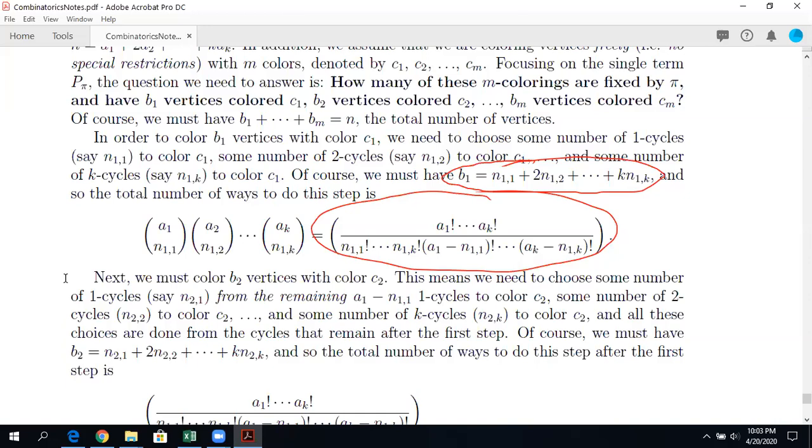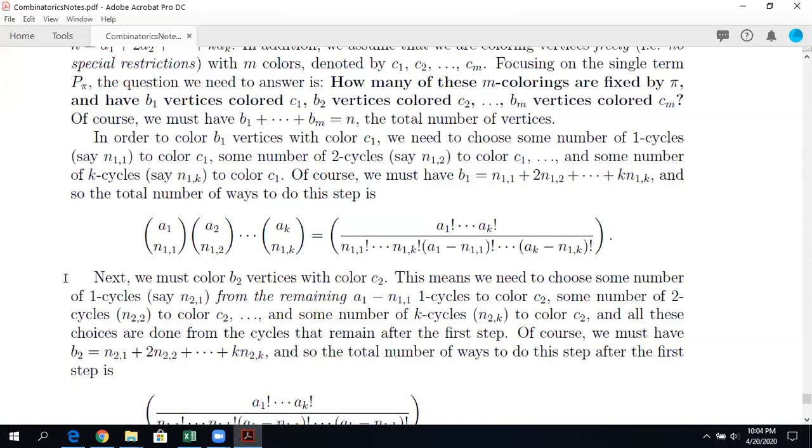Okay. So what next? Well, now we're going to move on to color 2. We have our B1 vertices of color 1, but look, one thing I will point out at this point, I chose N11 1 cycles, N12 2 cycles, etc. I could have done different N values, but that's going to be involved in a sum that we do later on, and then that's going to really start looking like multinomial stuff does.